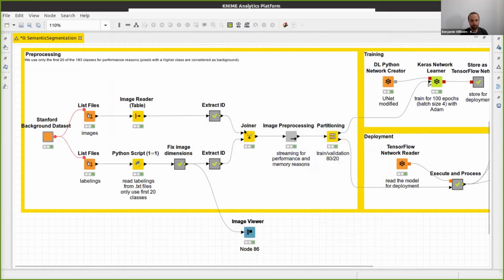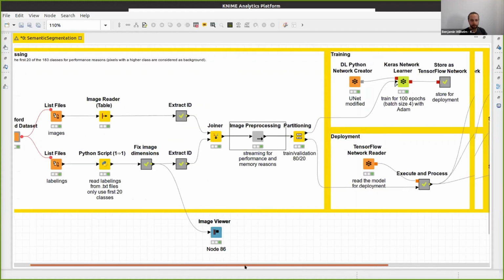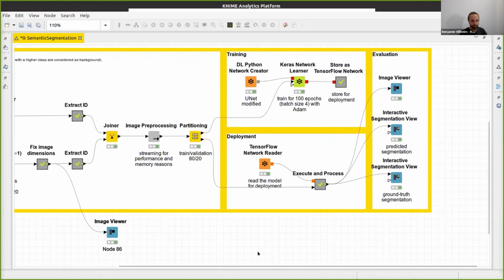After that, we combine these segmentations and the images by finding out which correspond to each other and joining them. And then for our network, we do some image pre-processing, which is just resizing these images to a common size and also resizing the labelings to the same size, and then normalizing the images between -1 and 1 in this case to be easier to use by the network.